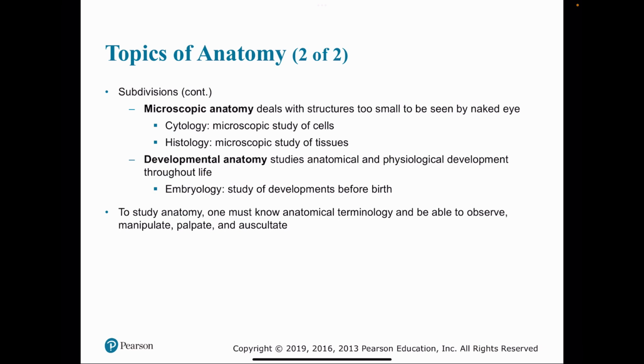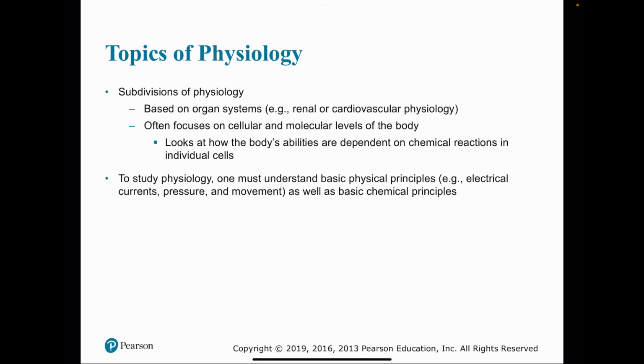So again, when knowing anatomy, we are looking at the structures themselves, but knowing that anatomical terminology, great examples of those, like I just demonstrated to you guys a moment ago with those root words or those prefixes, is very helpful in the study of anatomy.